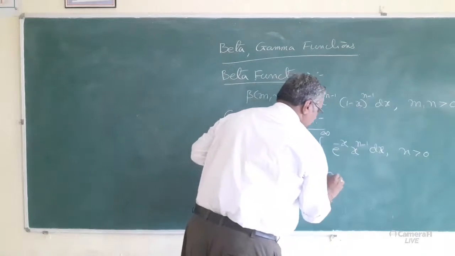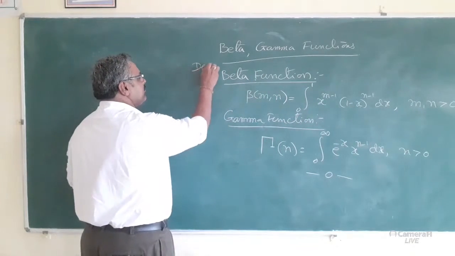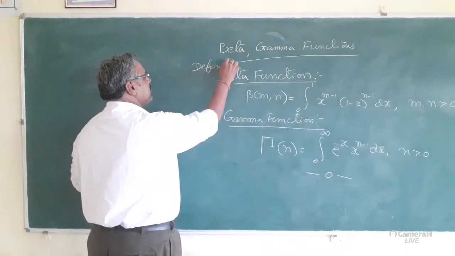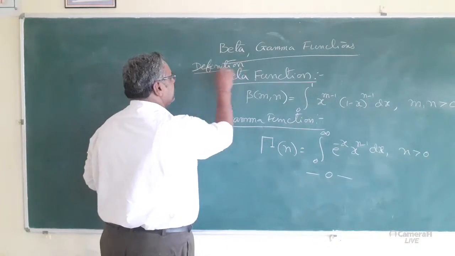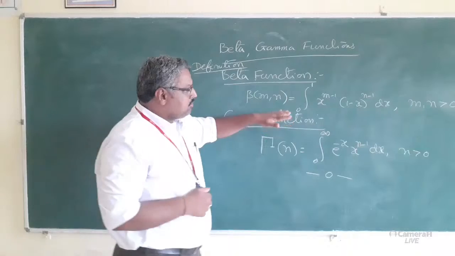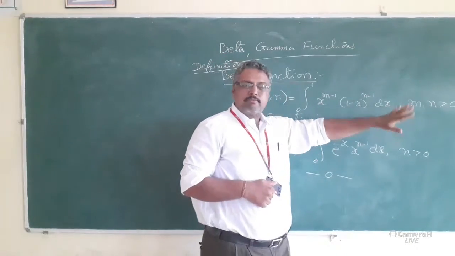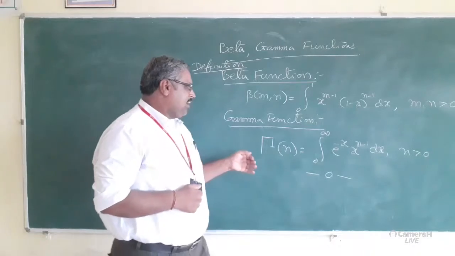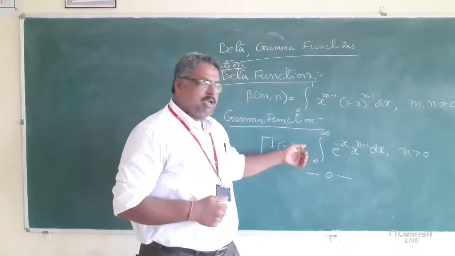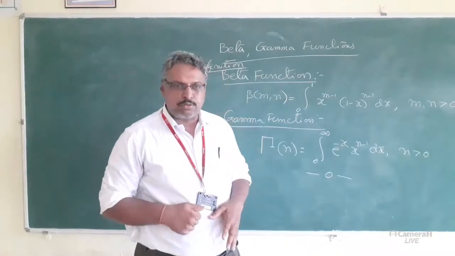So here we discussed two definitions, beta function and gamma function. Beta m n equals integral 0 to 1 x power m minus 1 into 1 minus x whole power n minus 1 dx. Gamma n equals integral 0 to infinity e power minus x into x power n minus 1 dx, where n is positive.